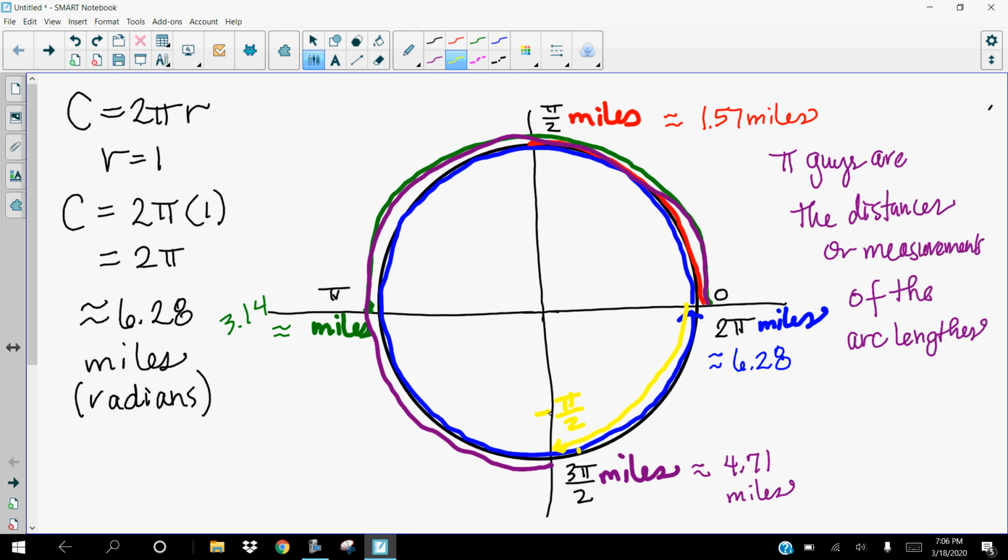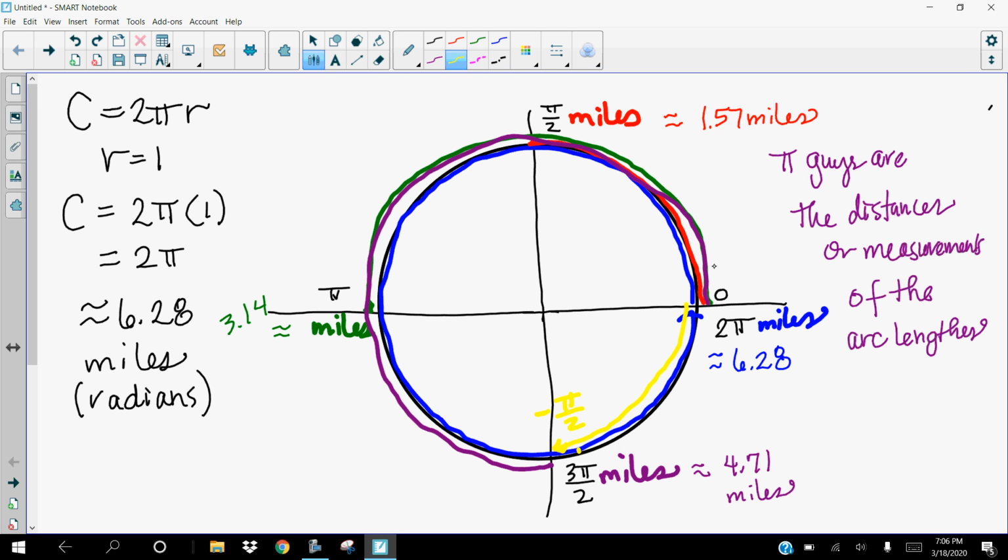Okay, so what you got to understand are these pieces of these arcs, these distances. Then we're going to get to the coordinates. So the mileages are different than the GPS coordinates, or the XY coordinates. If I said go pi over 2 miles, you would say, all right, Sam, in what direction? Pi over 2 miles, you go in our counterclockwise direction.